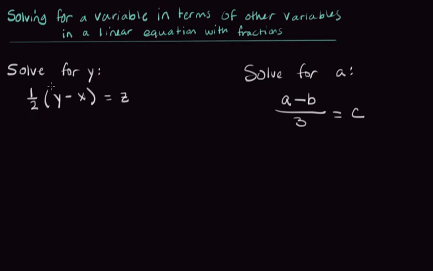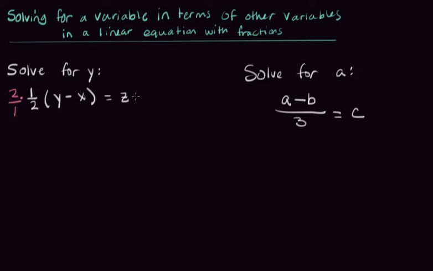So we have 1/2 times the quantity y minus x equals z. The first thing I want to deal with is this 1/2. In order to get rid of a fraction, we can multiply both sides by the reciprocal. The reciprocal is when we flip the fraction upside down.